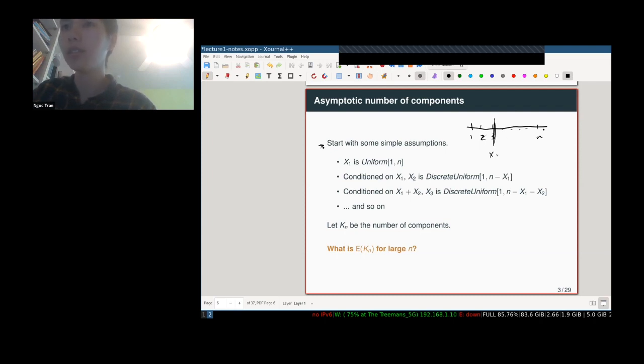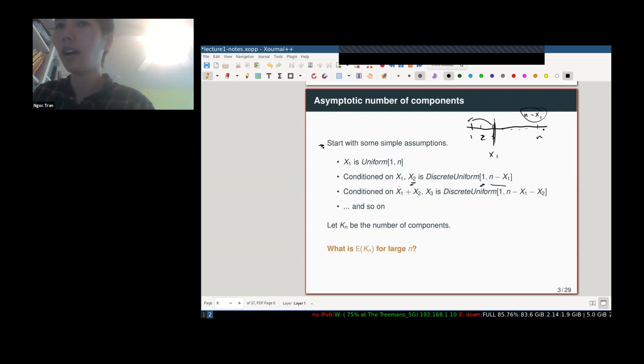Let's say this was x1, and now condition on x1, right? So I eat this piece. I now have n minus x1, and now x2 will be a discrete uniform from this interval, which has length n minus x1. So I can think of, conditional on x1, x2 will be discrete uniform on 1 up to n minus x1.